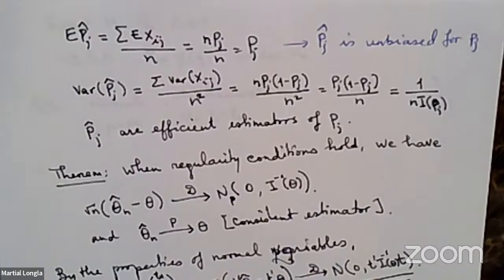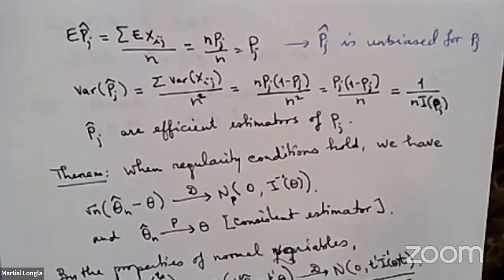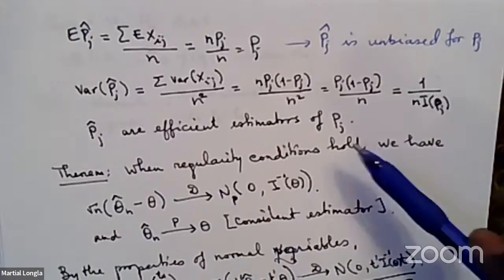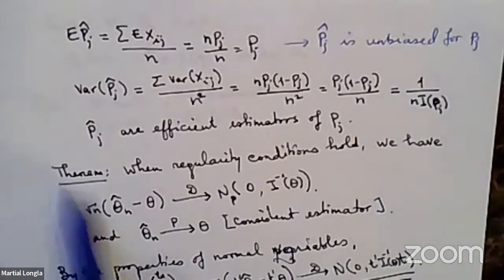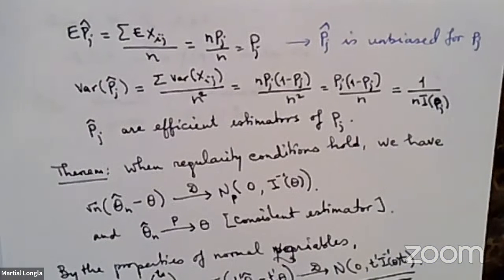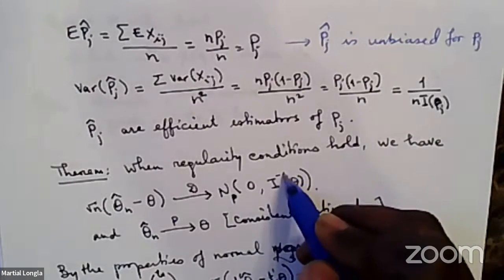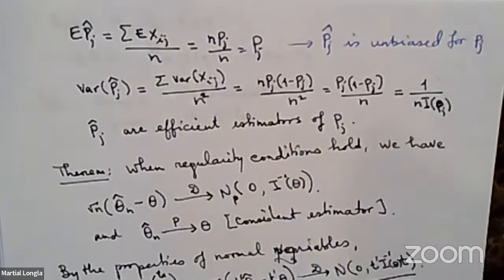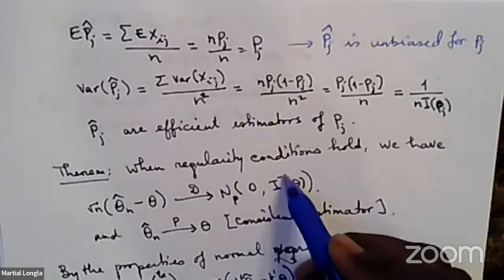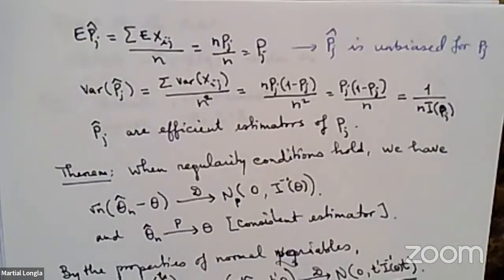Hopefully this is even better than what we had before. From that efficiency, we get to this theorem that we had earlier for the multivariate case. The same theorem from the univariate case holds in the multivariate case, with the difference that here, instead of having 1 over I of theta, you have the inverse of the matrix, because you are talking about a vector here.